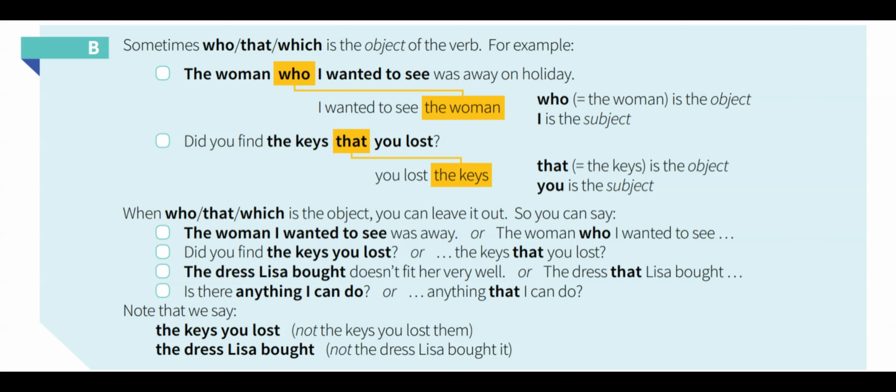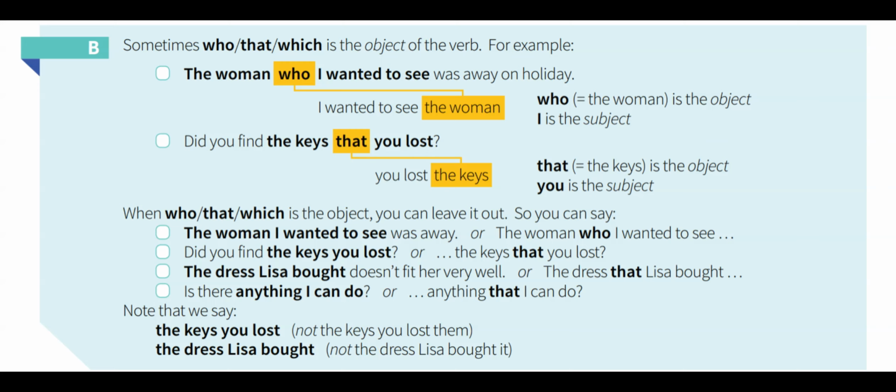So here it says, sometimes who, that, or which is the object of the verb. For example, the woman who I wanted to see was away on holiday. Now, here, this is where the difference comes in. The woman is no longer our subject.